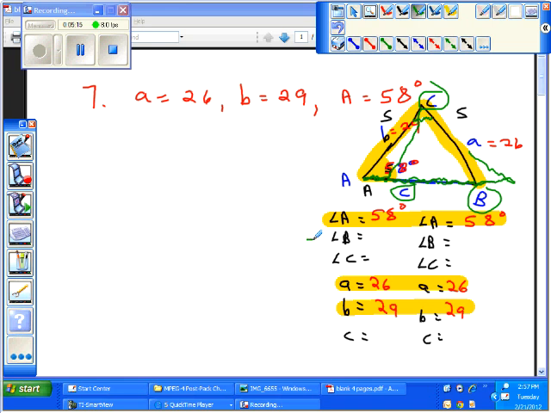So that means that we could get a different answer for angle B, two different answers. We could get two different answers for angle C, and we could get two different answers for little c.